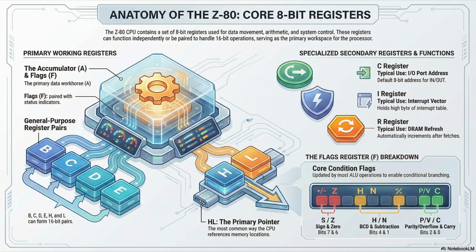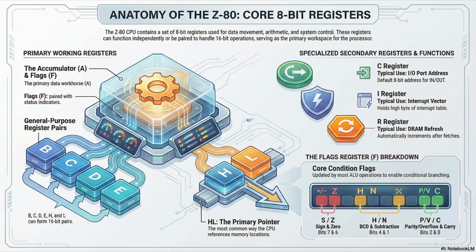Next, we have a series of 8-bit registers, which can operate in pairs to effectively give you what behaves like a 16-bit register, allowing you to address memory locations in the 64 kilobyte memory space. BC. These are general purpose registers, often used as a 16-bit BC pair.